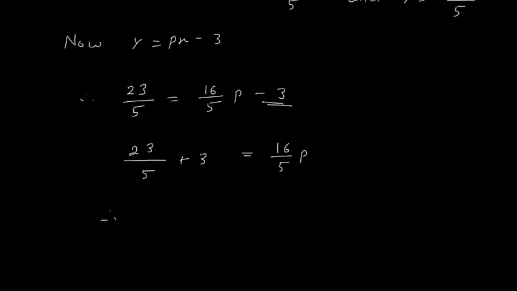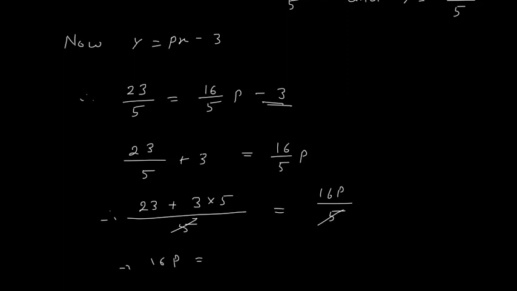Therefore 23 plus 3 into 5, whole divided by 5, is equal to 16p upon 5. Now this 5 in the denominator we cancel, and therefore I have 16p equal to 23 plus 3 fives are 15, which is 38.